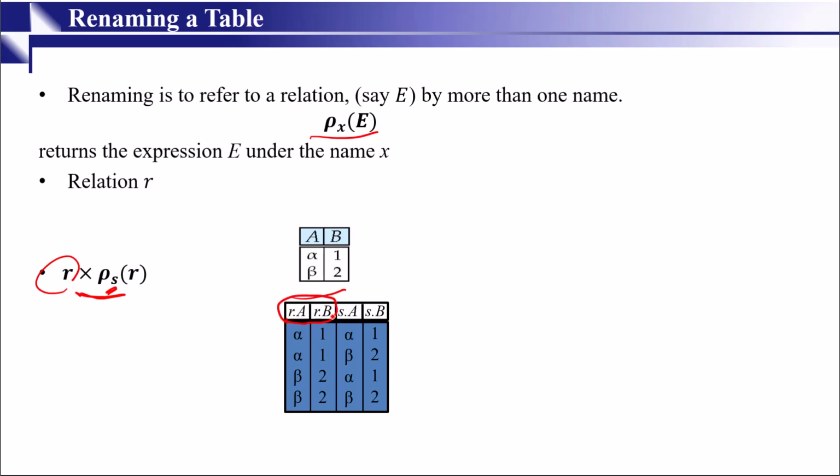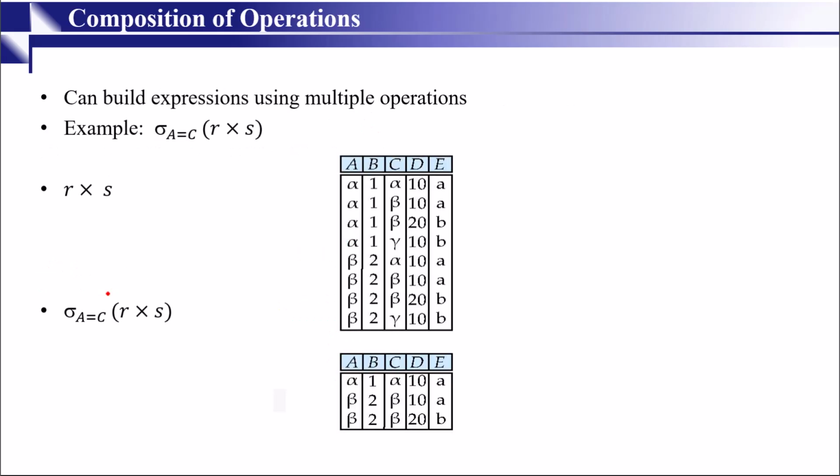Just we make a copy of R and we name it as S. So SA and SB. Then we did Cartesian product. For each row of the table, all the rows of itself are again here, right? So just we copy paste R and we rename it as S. This is useful in queries to avoid confusion when using the same relation multiple times.